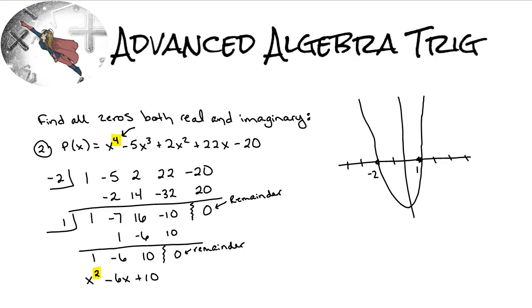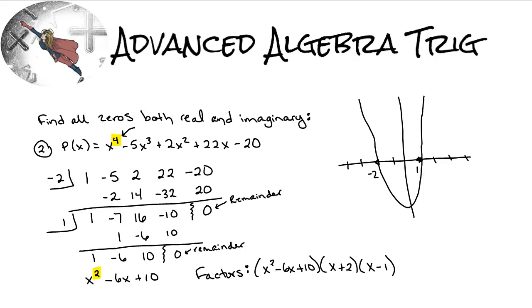So now, let's write all of our factors so far. We have this quadratic one, x squared minus 6x plus 10. And then the ones that I did in the division were, x, it was -2, so I write x plus 2. And +1 means the factor is x minus 1.